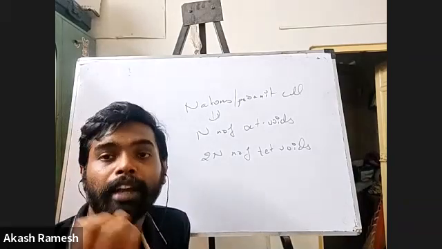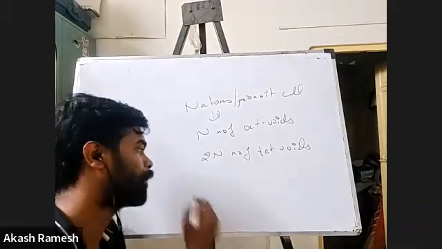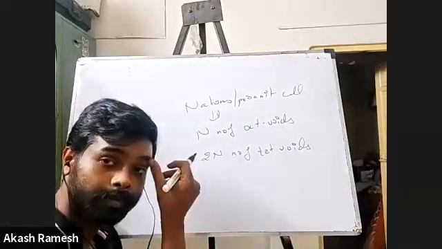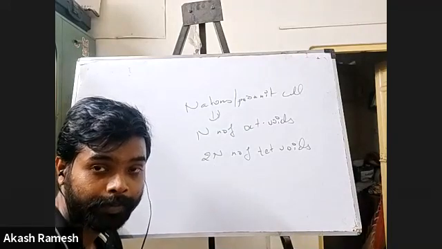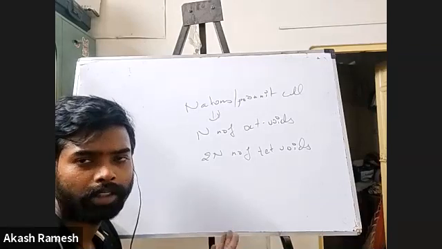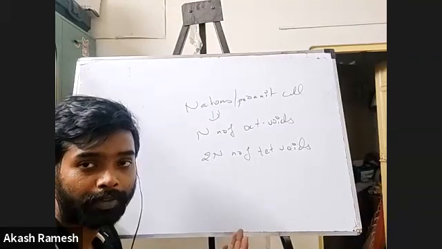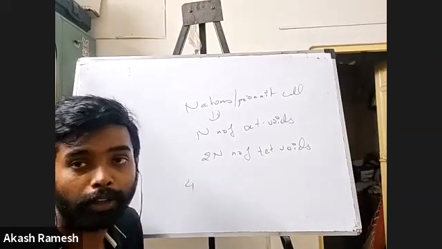For example, if I take FCC, FCC has how many atoms per unit cell? Just now we saw, what is it? Number of atoms per unit cell for FCC is? Four. Right, so you have 4 atoms per unit cell for FCC.